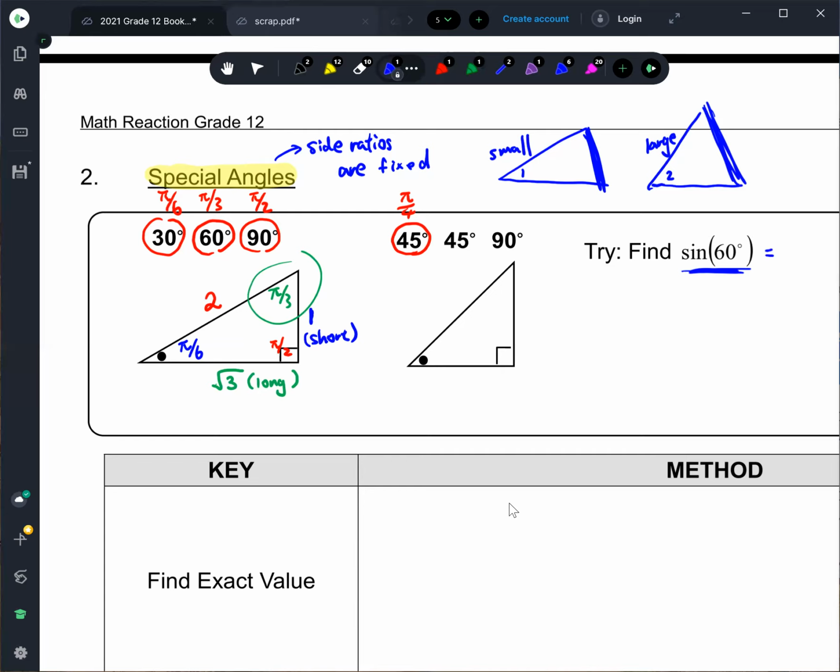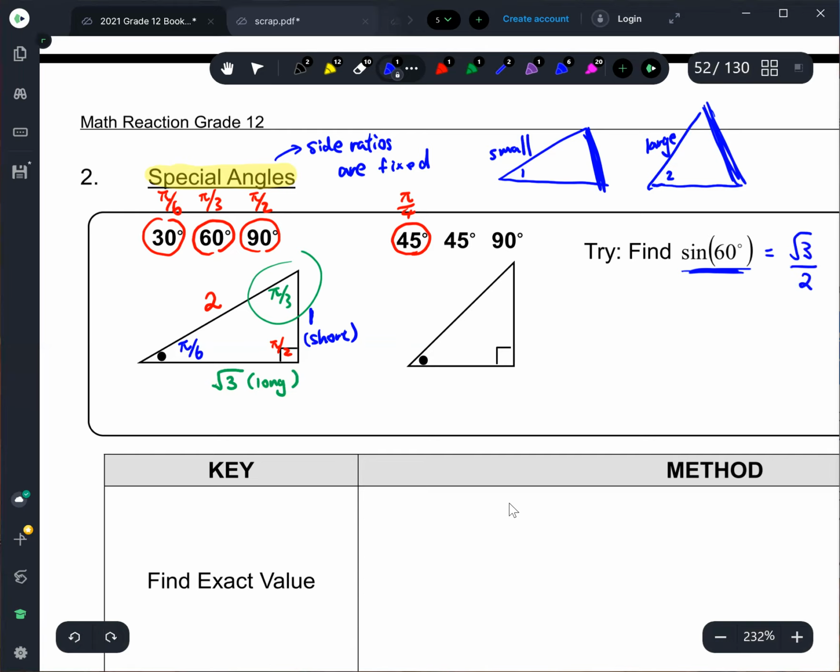Opposite over hypotenuse. Yeah. So in the picture, what number over what number? You need to look from 60 degree. Which one's the 60 degree? What color? The green one. Yeah, the radian, pi over 3, right? So you need to look from pi over 3, opposite over hypotenuse. √3/2. Yes, okay. So you need to look from the right place.